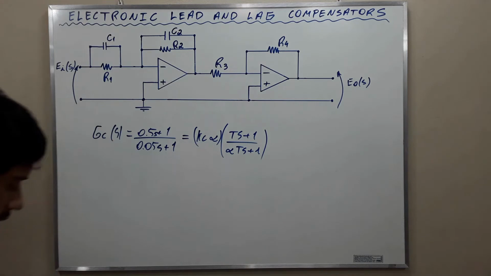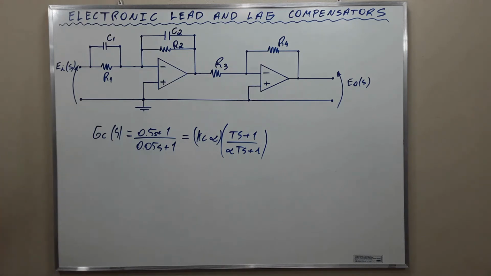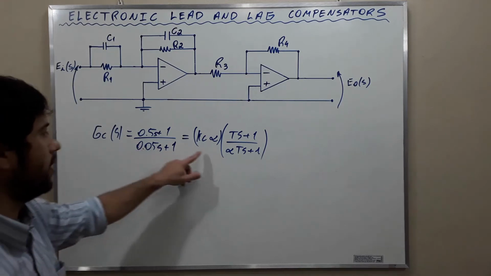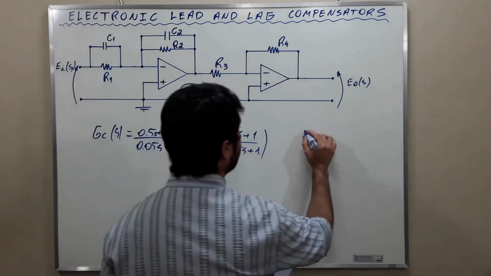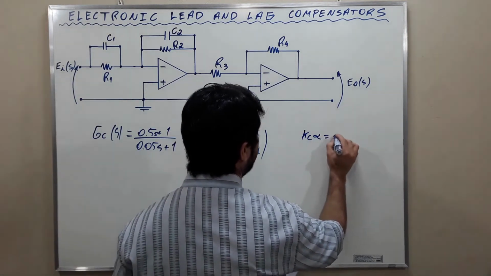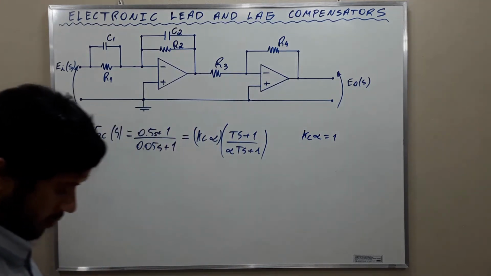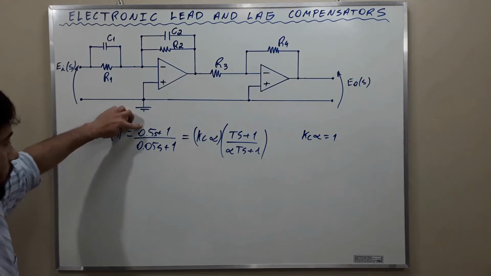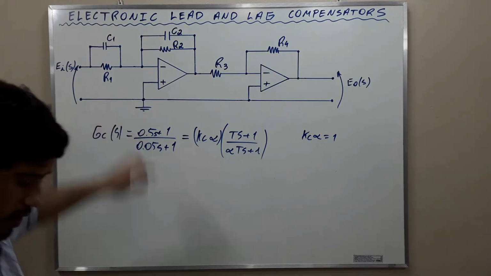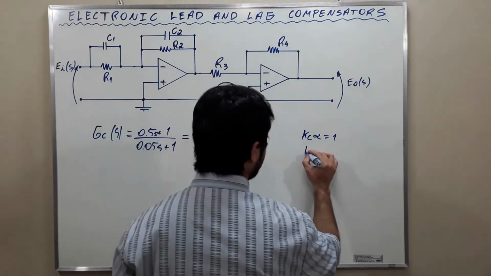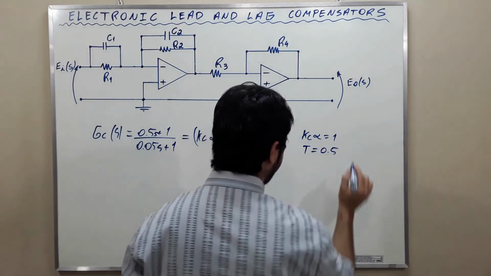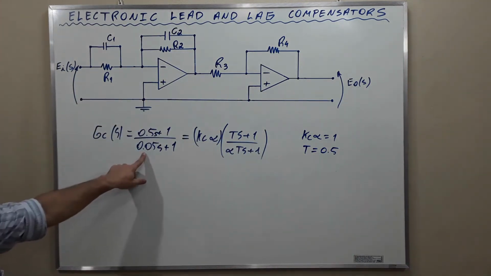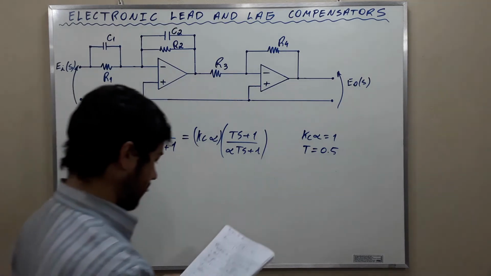Okay? And here we see that it's 1 multiplying here. Then Kc times alpha is equal to 1. Alright? We see that T is equal to 0.5, and we see that alpha T is equal to 0.05.